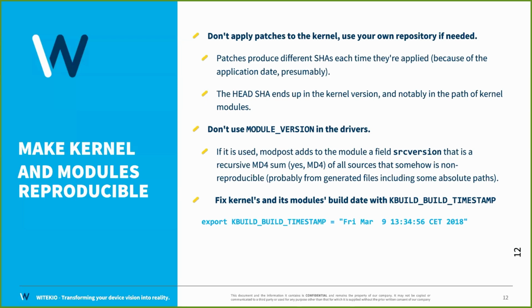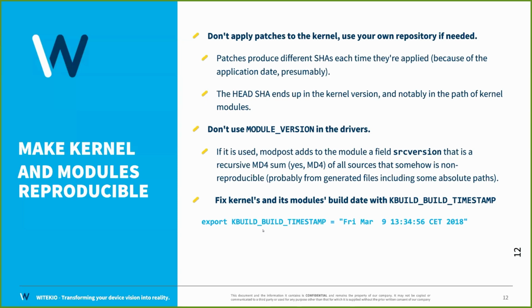And for some reason I didn't understand, this MD4 sum isn't reproducible either. It is fully optional. Actually, modversions usually isn't needed. So simply, if you don't use module versions, it removes that non-reproducibility from your modules build.